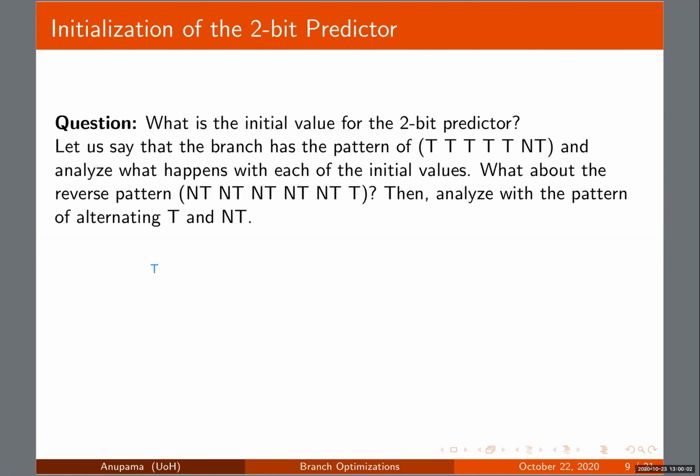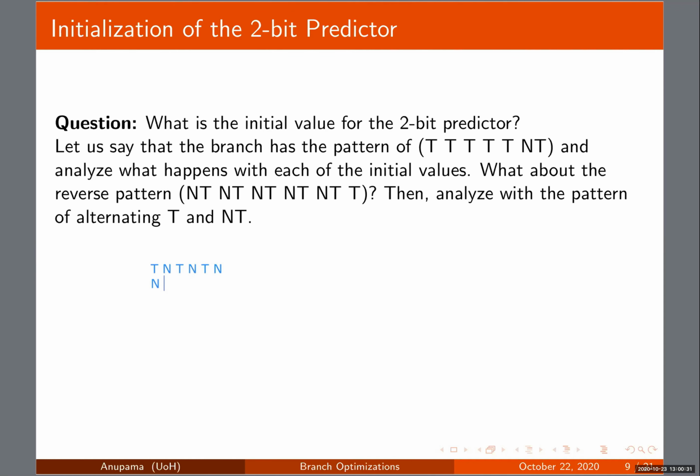Okay, we start with the taken, not taken pattern. Then we start with 0, 1, let us say. So we predict that it's not going to be taken, but we are wrong. So it goes into 1, 0 state, right?